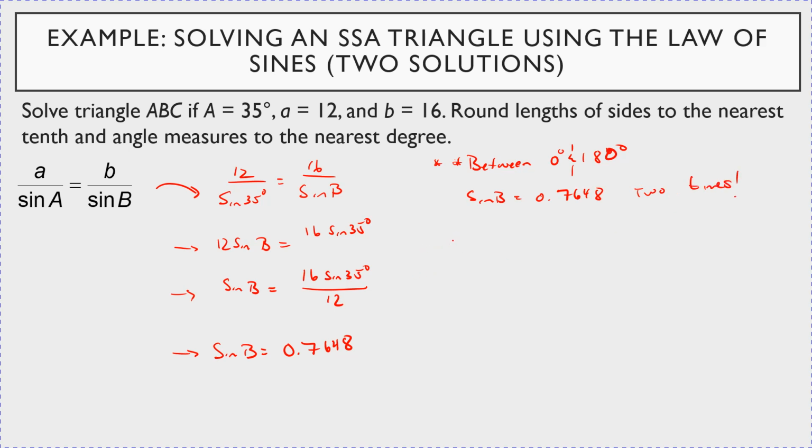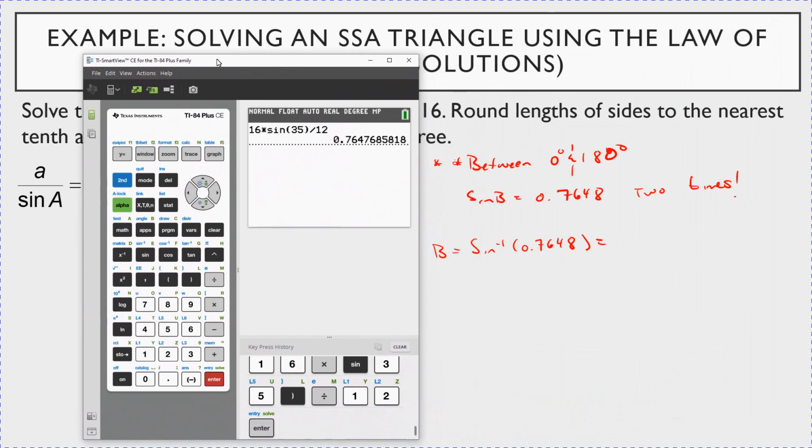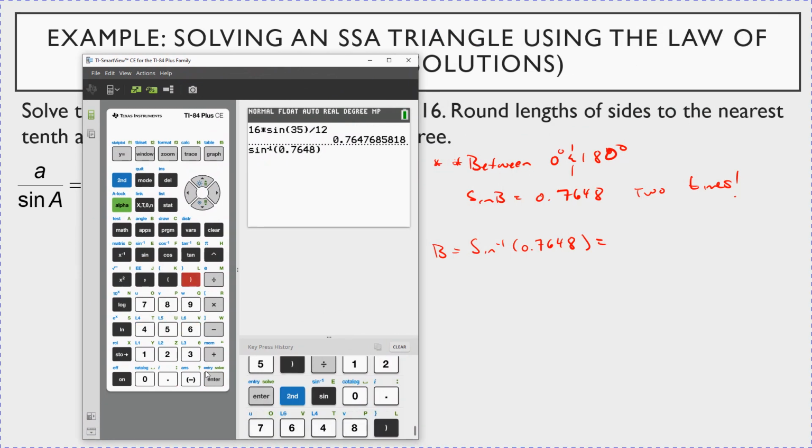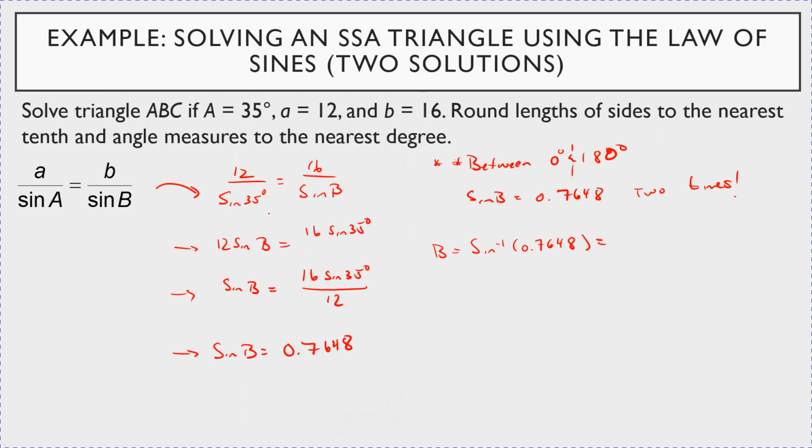B would be equal to sine inverse of 0.7648. You get 49.89, which would be roughly 50 degrees because we're rounding to the nearest degree.